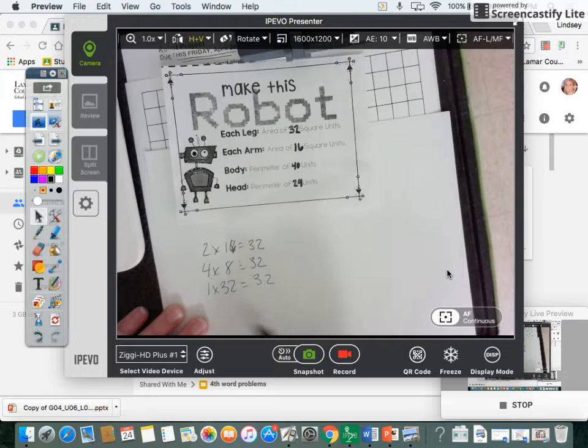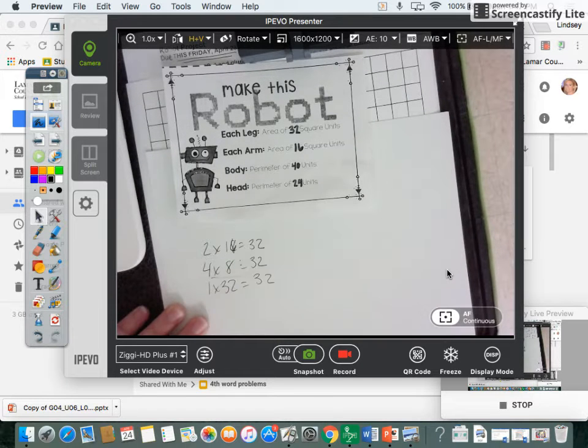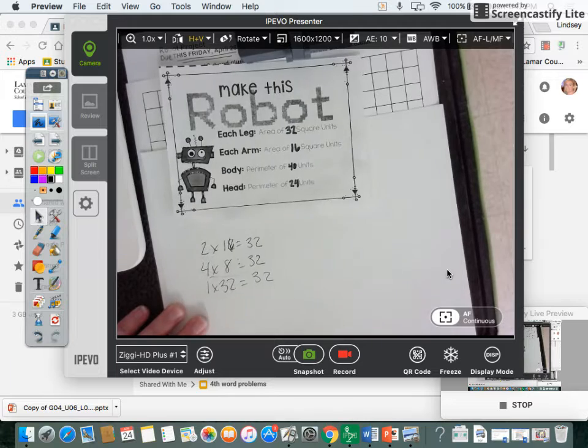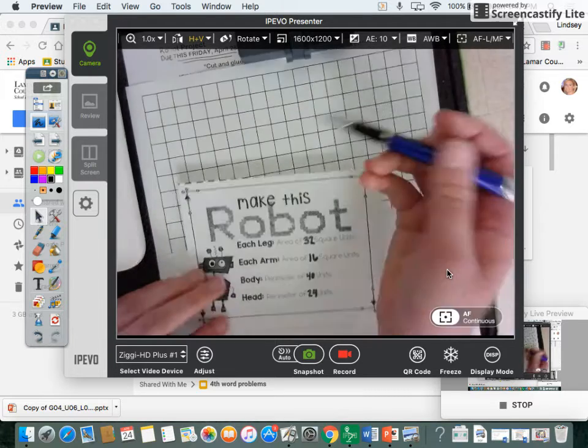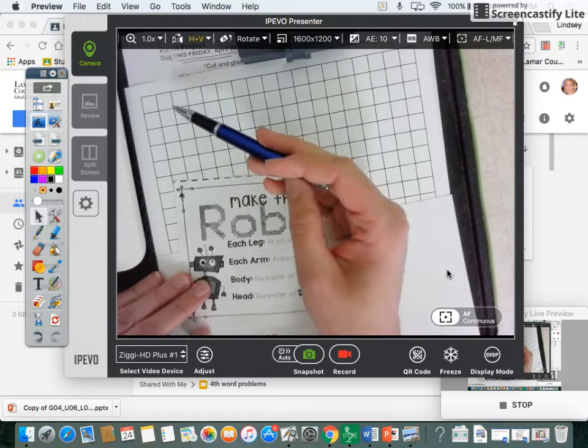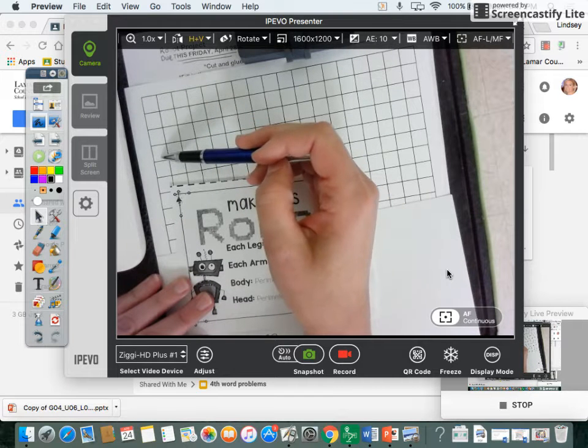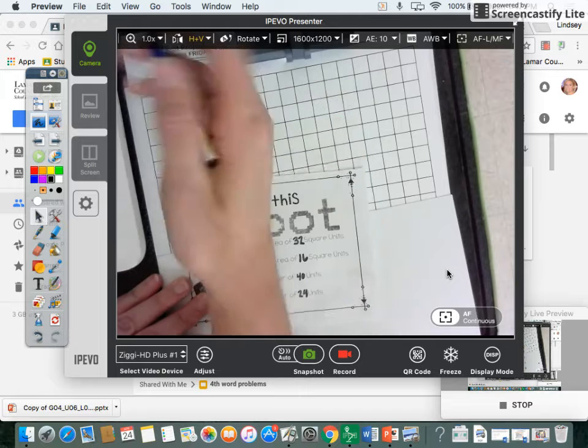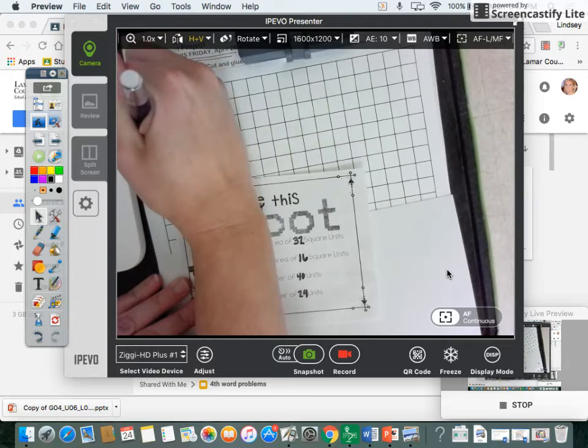And so just looking at this, I'm thinking like the 4 times 8 will kind of give me some good size legs. So what I would do up here is I would come up to my grid paper, and I would go down 4 and over how many? 8. So I would go down 4, and I would do it with pencil to begin with.